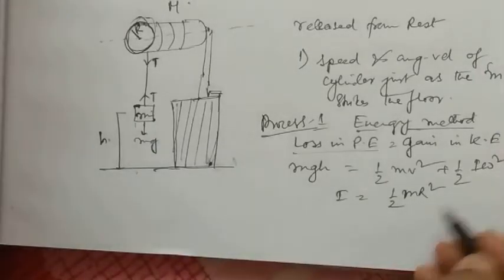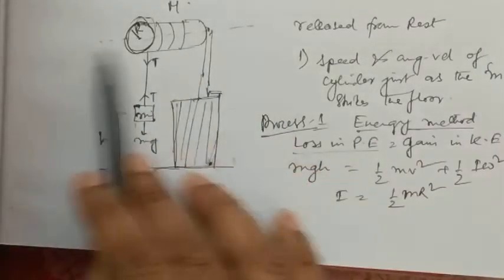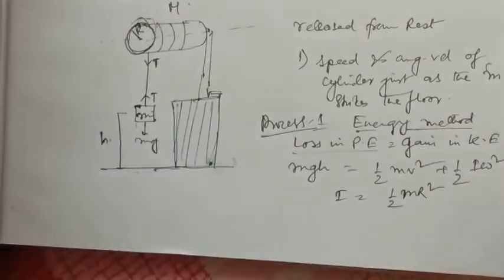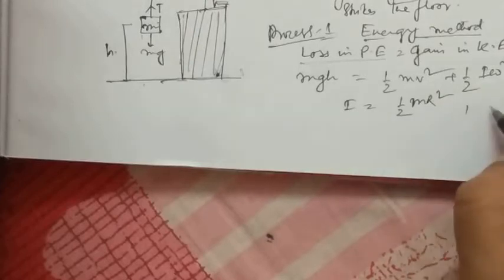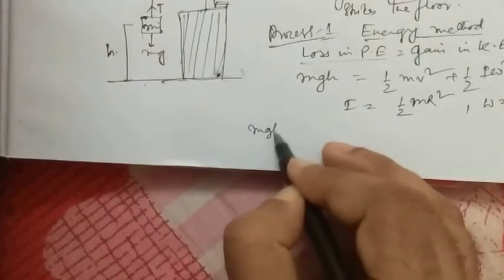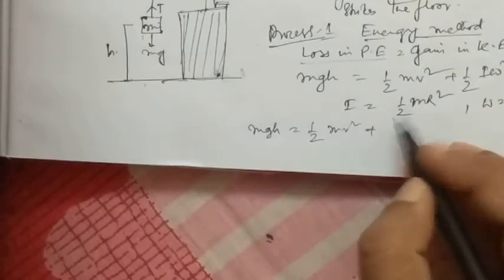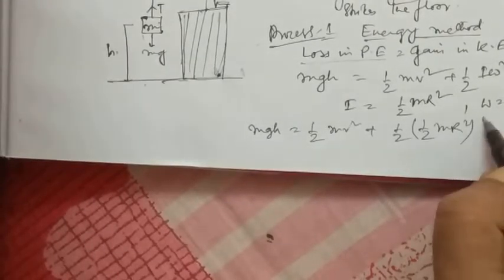Why have we written half MR squared? Because the moment of inertia of the cylinder about an axis passing through its center is half MR squared. After replacing I as half MR squared and omega as v by R, we get mgh is equal to half mv squared plus half of I, meaning half MR squared, times v by R whole squared.